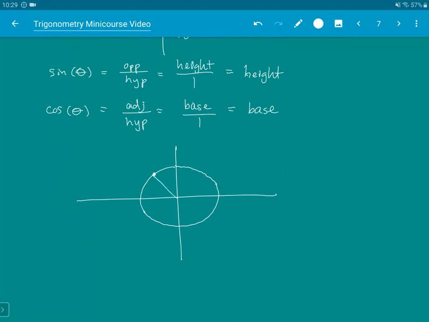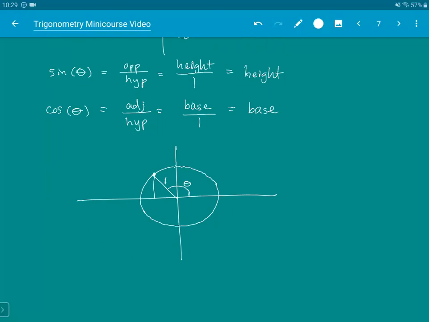Well, one way that I could describe it is, I know the hypotenuse of this triangle is 1. I could just say, okay, it's 1 unit away from the origin, and the angle that it makes between the x-axis and the line between the point and the origin is theta.